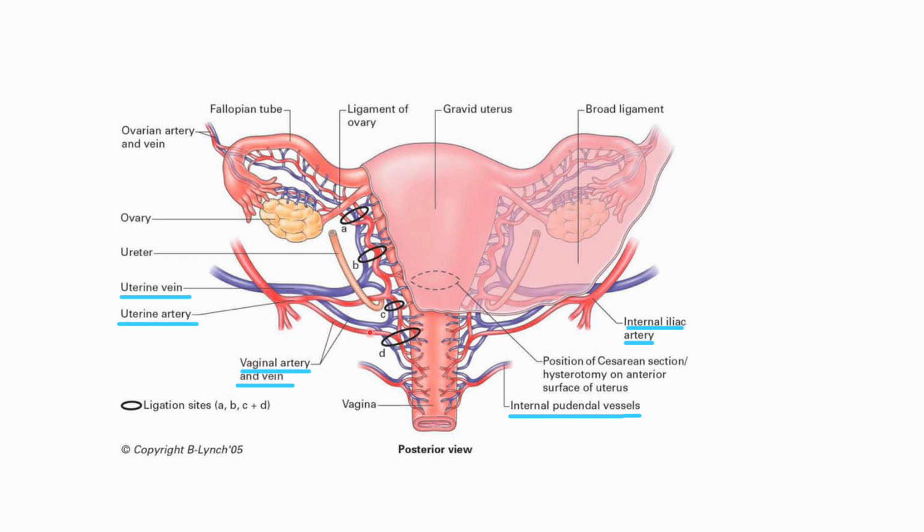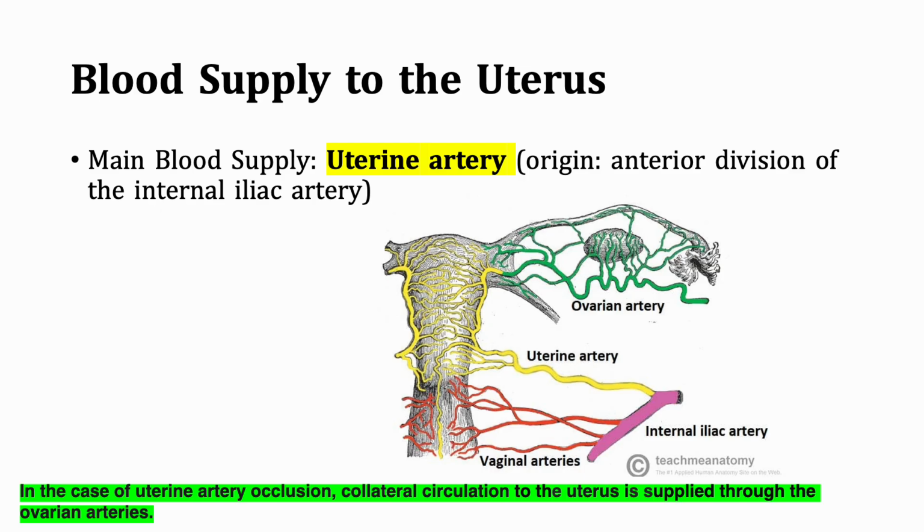The vaginal artery, again, is from the anterior division of the internal iliac artery. And then lastly, we have the inferior portion of the vagina that is supplied by the internal pudendal artery. And that is from the anterior division of the internal iliac artery. So this is a nice image too.